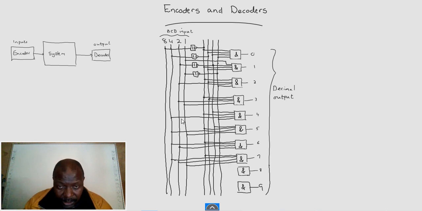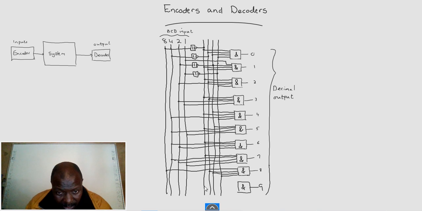Right? So now, the 8 in this case is obviously the 8 direct, and then the rest are inverted. The 2, sorry, the 4, that was the 4, this is the 2, and this is the 1.